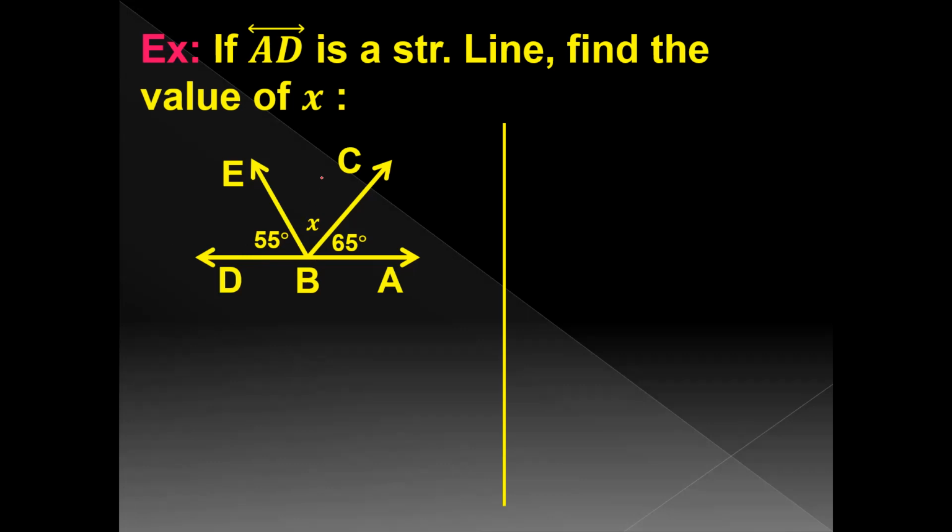We want to find the value of x. As we know, the straight angle is 180 degrees, and so the three angles are supplementary angles. So their sum is 180 degrees.